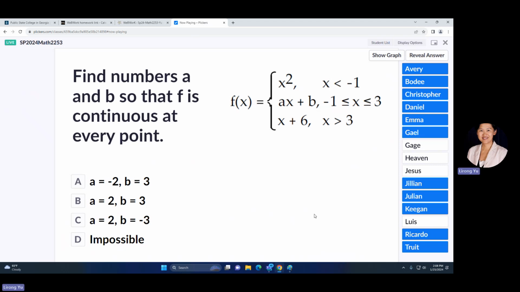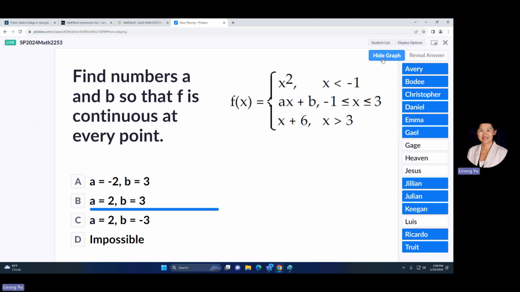They're not here. Oh, no, he is. Yes, B equals 3, A equals 2.